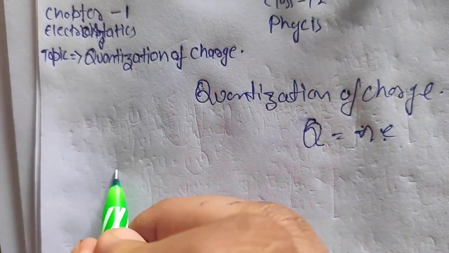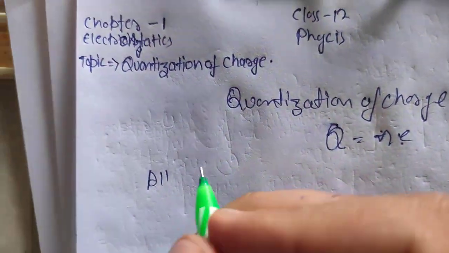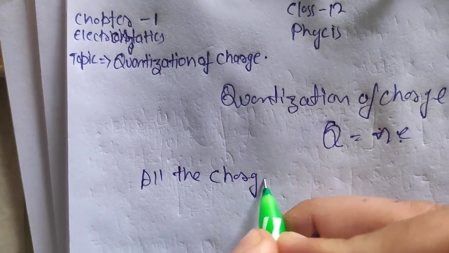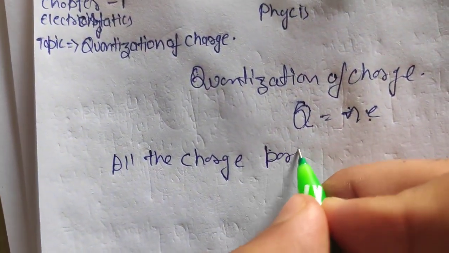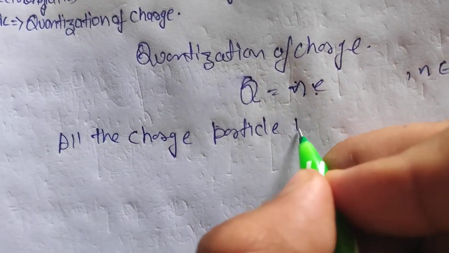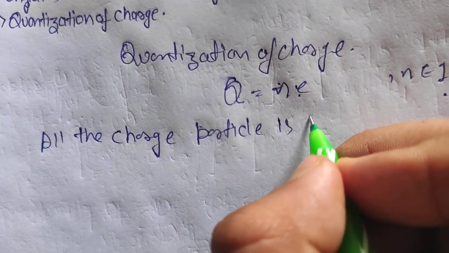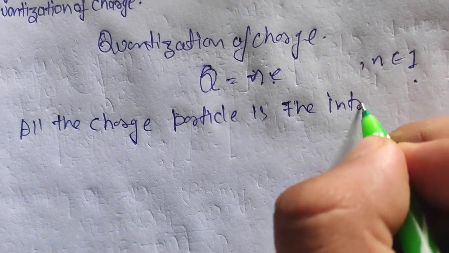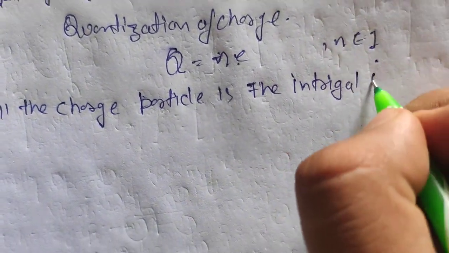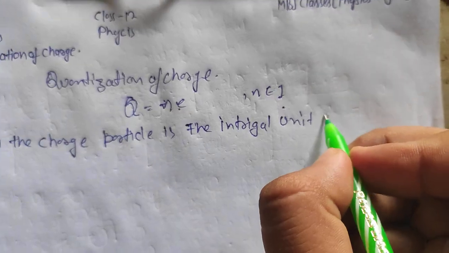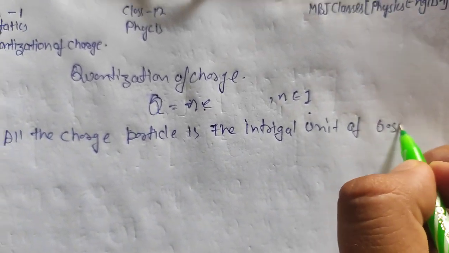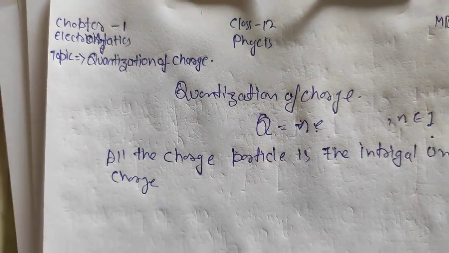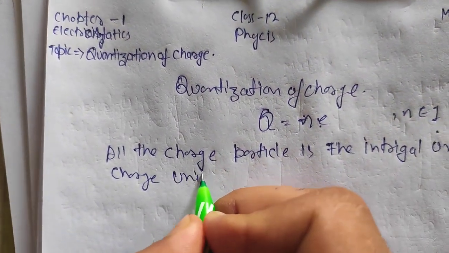So, all the charged particles are integral multiples of the basic charge unit e.